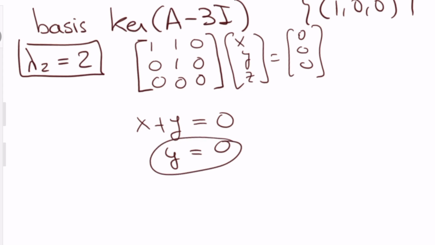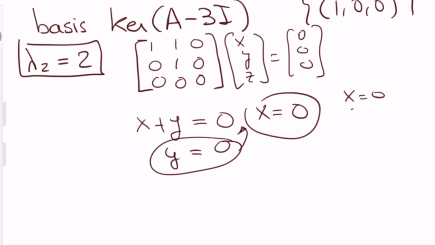So y equals 0, we substitute here, we get that x is equal to 0. So in this case x is 0 and y is 0, and z can be anything, right? So our vector is going to be x equals 0, y equals 0, and z equal to the parameter t. And so our vector is going to be (0, 0, t).